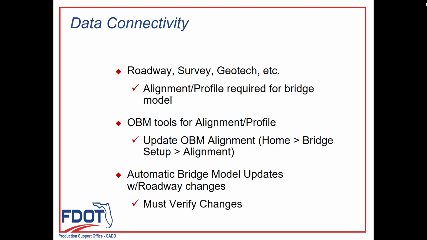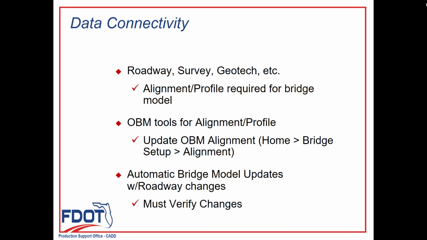You can always change the alignment of a bridge within OBM by going to Home, Bridge Setup, and Alignment. Something to keep in mind is that with each roadway change, the bridge will be updated automatically and adjustments will be made to the bridge model. There'll be a notice for this within your attachments dialog box, similarly to MicroStation.